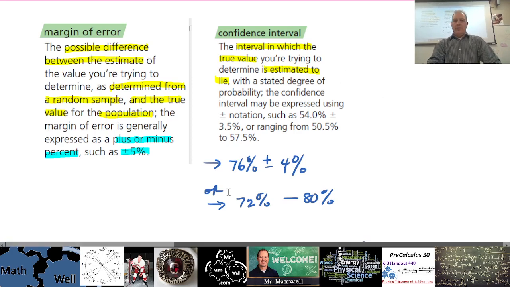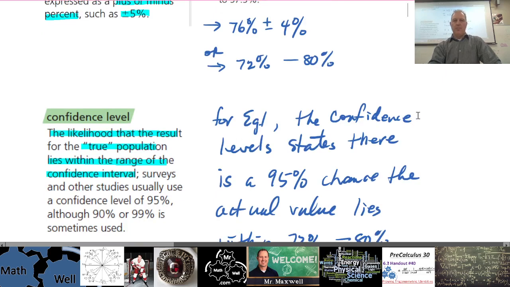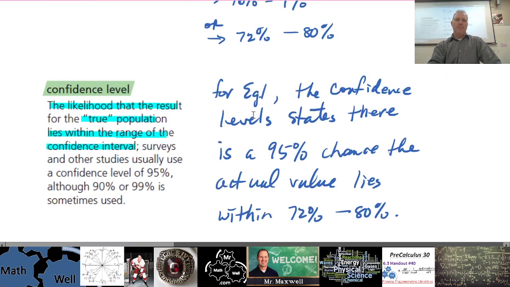So that's the confidence interval between 72 and 80 in this example. The confidence level is the third part here that we want to talk about. This is the likelihood that the result for the true value, in this case they're talking about population in this question, but the true value lies within the range of the confidence interval.